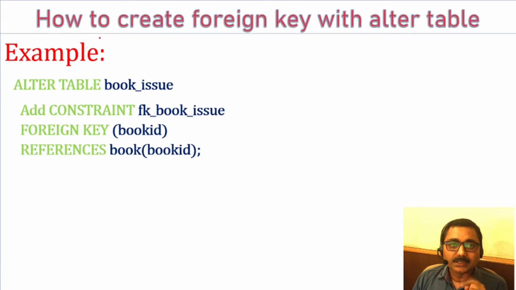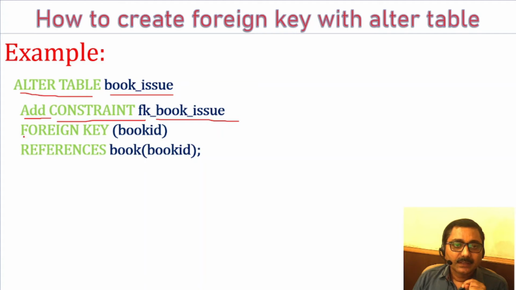Now with this example we'll learn how to add a foreign key with the alter table command, right? It's very simple. Alter table, name of the table in which you want to add the foreign key. You will use the keyword add constraint. This is the name of the foreign key which you are going to create. And this is the constraint type or key type.